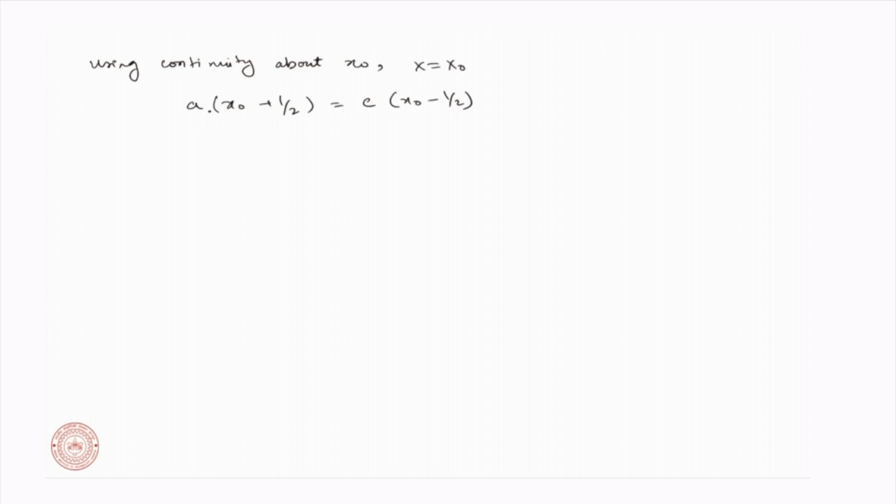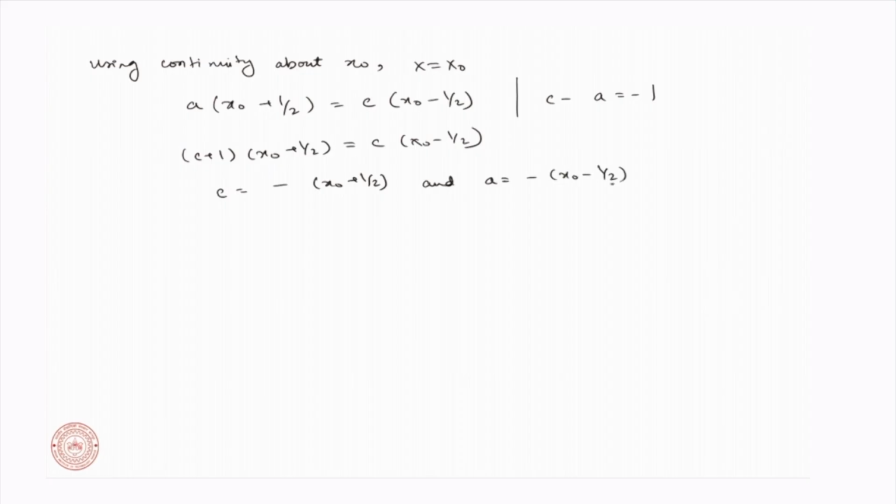Now, we can substitute the condition that c minus a equals minus 1. If we substitute this, we get c plus 1 into x naught plus 1 by 2 equals c into x naught minus 1 by 2. And if we simplify this, then c comes out to be minus x naught plus 1 by 2 and a comes out to be minus of x naught minus 1 by 2.